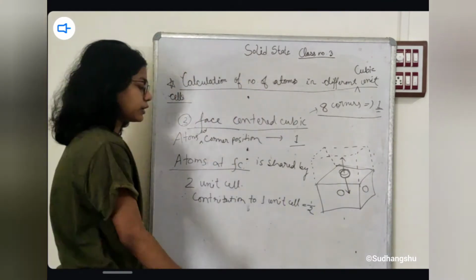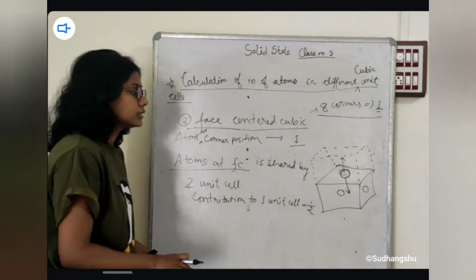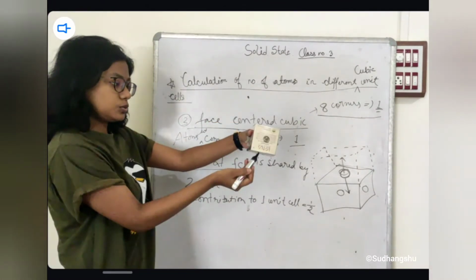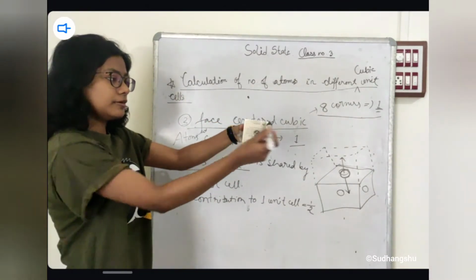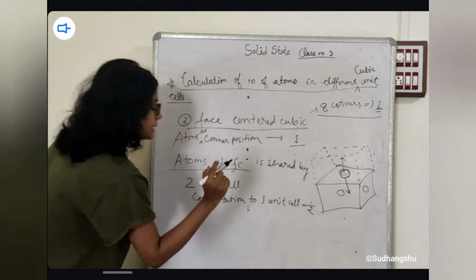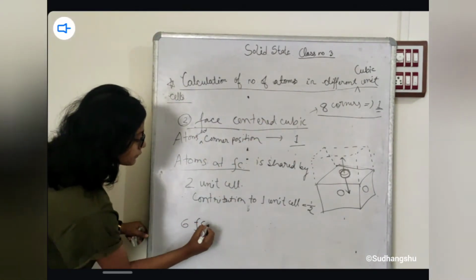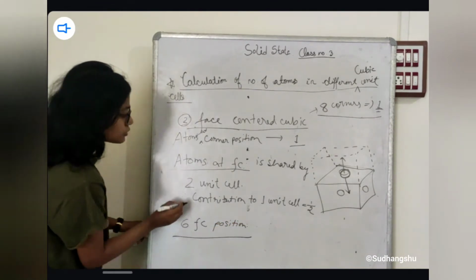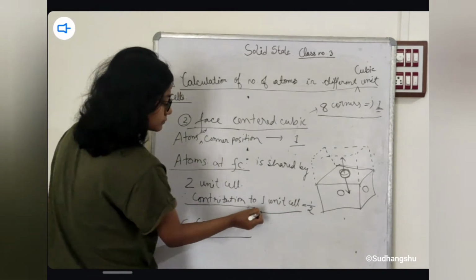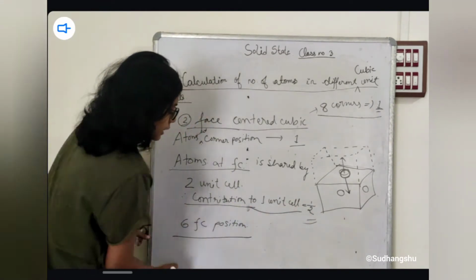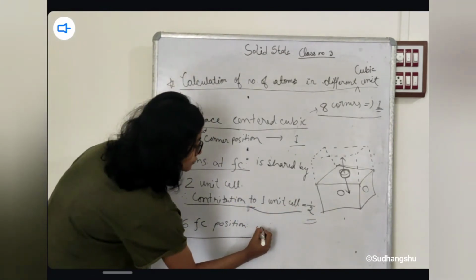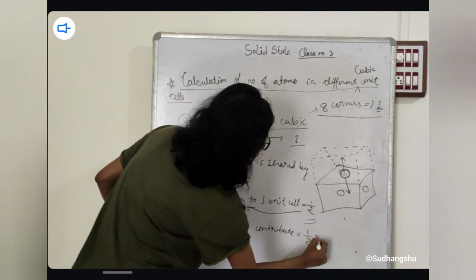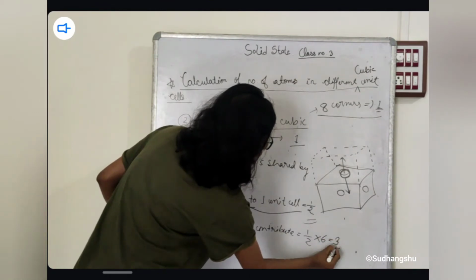And how many face centers are there? How many lattice points at the face center? 1, 2, 3, 4, 5, 6. So there are 6 face center positions. One position contributes half. Therefore, 6 face center positions contribute half into 6 is equal to 3.